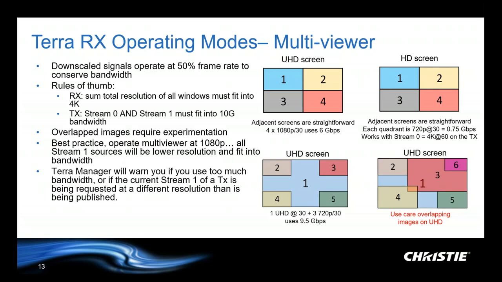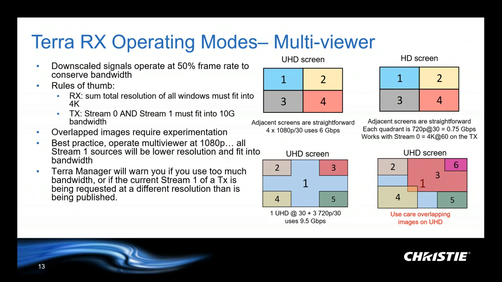So, 4K 60 is taking up 8.5 gigabytes. If you want the thumbnail or the stream 0 to be 1920 by 1080, even at 30 frames a second, that's going to take up at least 1.5 gigabytes. So there's a very good chance that that actually won't fit into the 10 gigabyte bandwidth that the TX is publishing on the network.